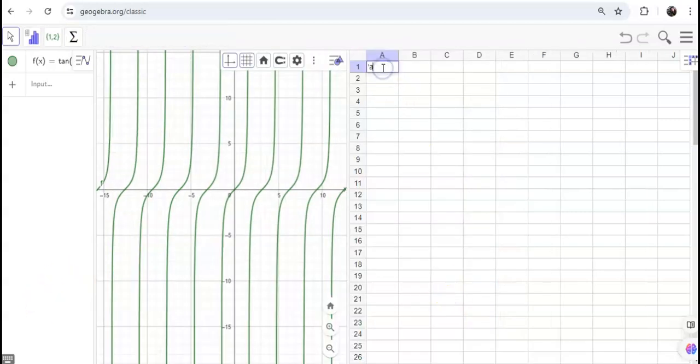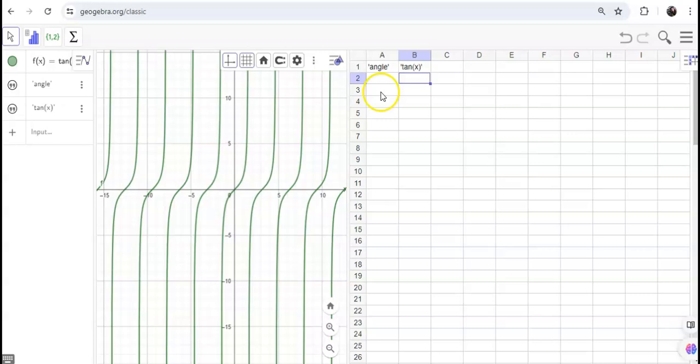Have the angle column, and we're going to have the tangent x column. In column A we have the x values, the values along the x-axis, and in column B, we're going to have the y values, the values along the y-axis.